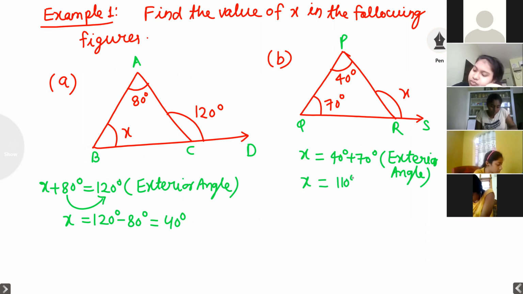Now you are observing, students, what is the importance of the exterior angle property, very important.